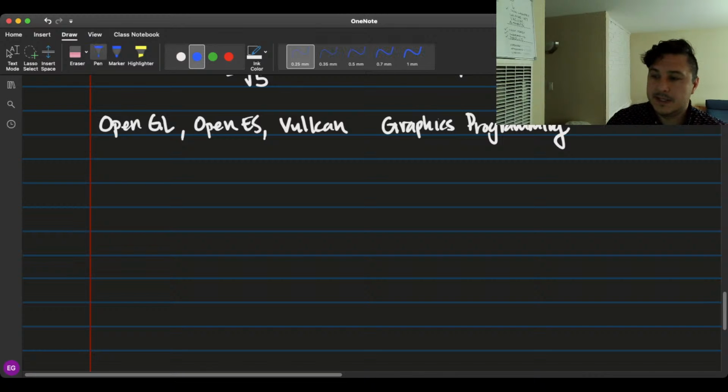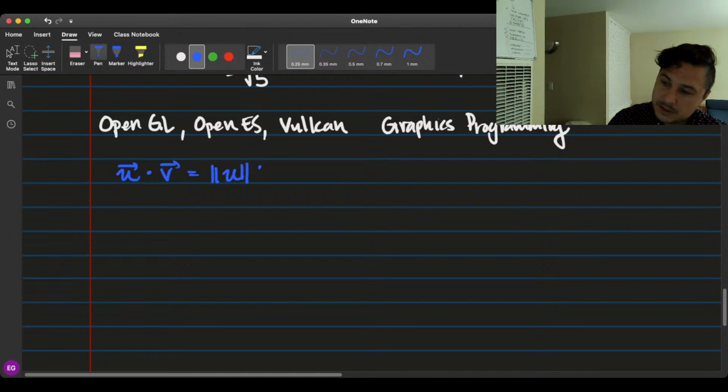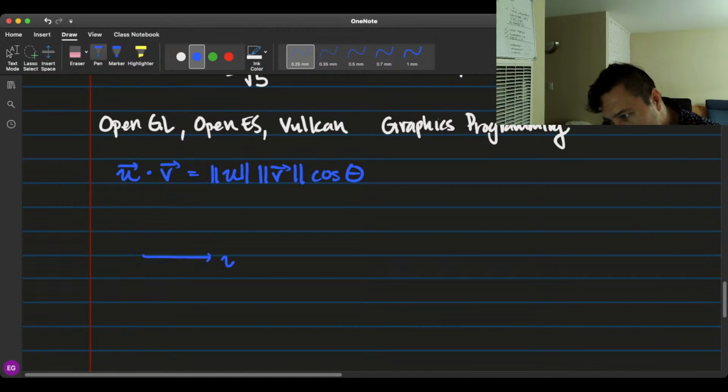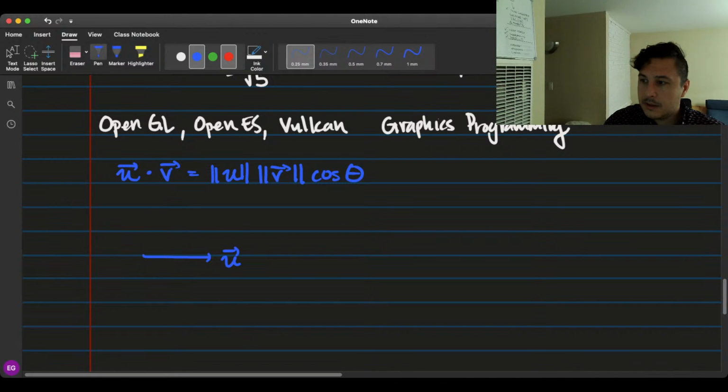So, let's talk about what this tells you. We know that U dotted with V is equal to the magnitude of U times the magnitude of V times the cosine of the angle between them. So I'm going to draw my U like this, and I'm going to draw my V like this.